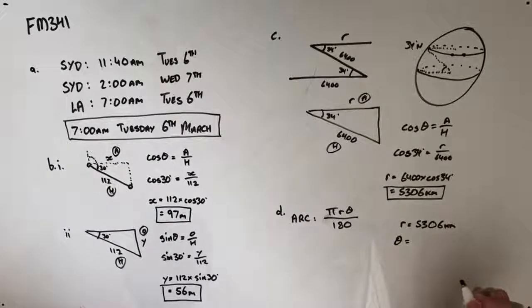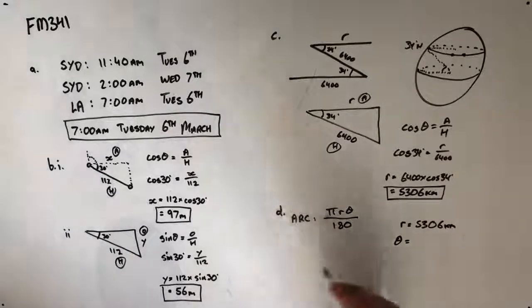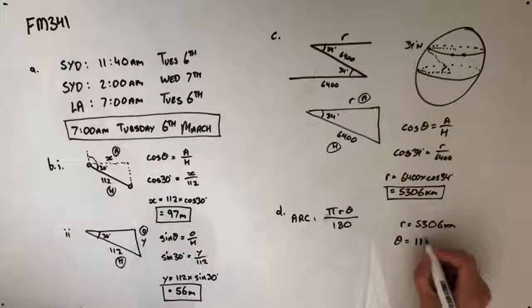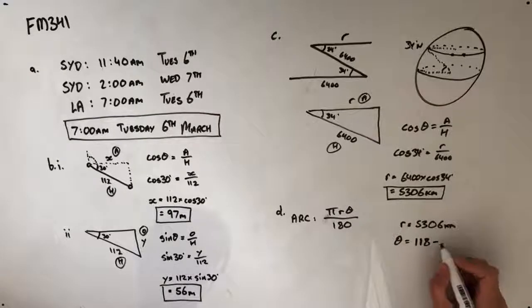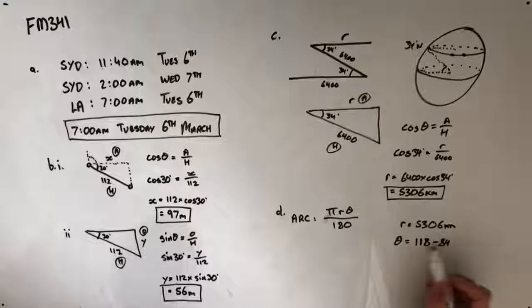Theta, the angle between the two of them, is just going to be the difference in their location east and west of one another. So we'll take that 118 degrees from Los Angeles and subtract the 84 degrees west that occurs at Atlanta. I've subtracted here because we are looking at 118 degrees west and 84 degrees west. If this was 118 degrees west and 84 degrees east, then the question would change drastically.